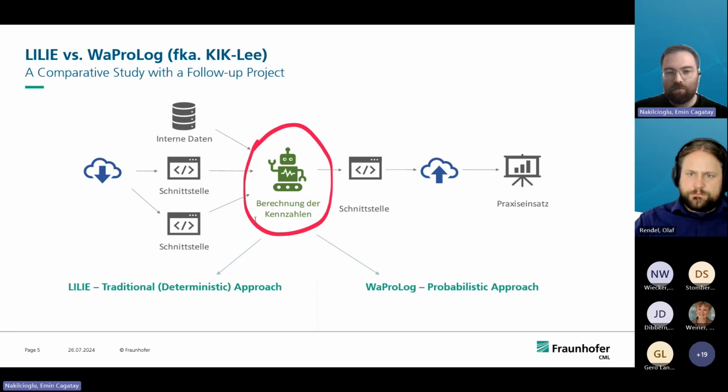It's trained using traditional methods, which I will refer to as deterministic methods, and then generates predictions using the same methodology. On the other hand, we have Workload, which follows a probabilistic approach. That's just to give you guys the general understanding of the situation. I will get into more detail as we follow on with the slides, but to start with, that's the main difference.